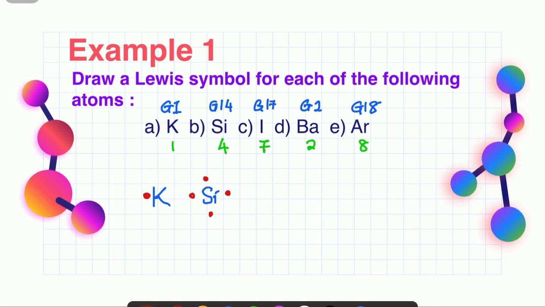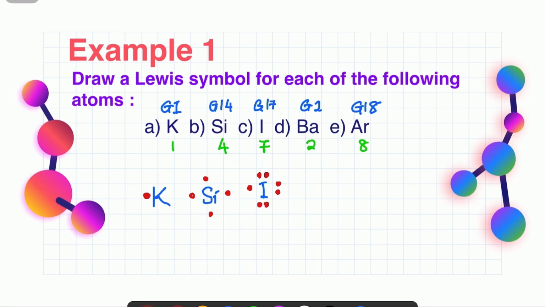The next one, iodine. Let's say I start at the top, 1. You have to fill each side with 1 electron first: 2, 3, 4. And then you pair up: 5, 6, and 7.